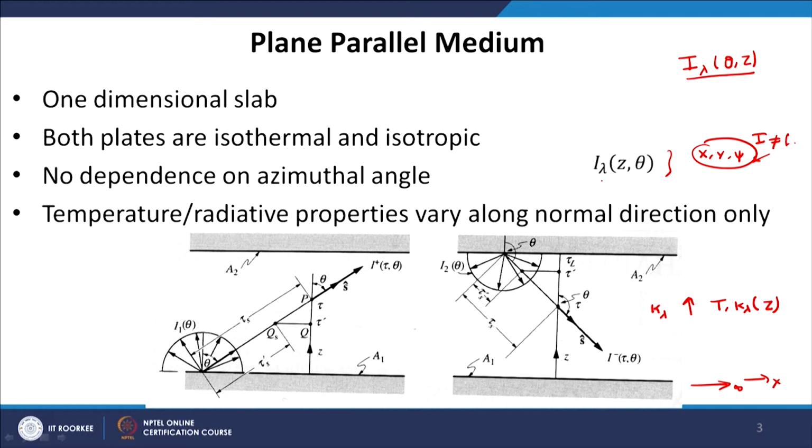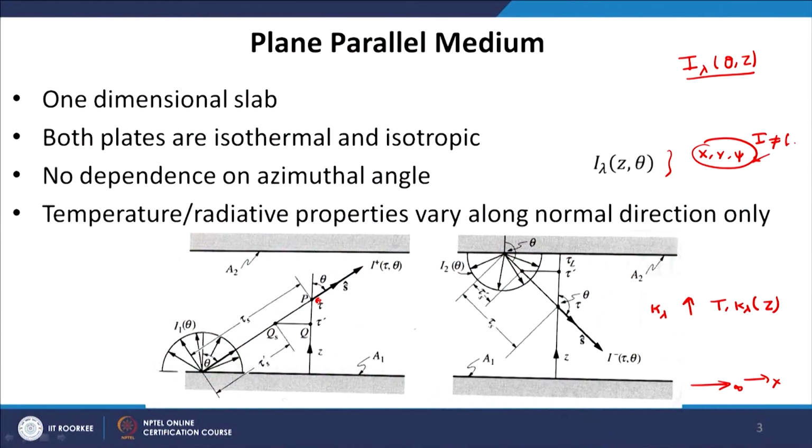So, now understanding the two images that are shown here, at any point P we are basically interested in finding the intensity. Now, point P is suspended in space, it will receive radiation over the entire solid angle 4 pi.